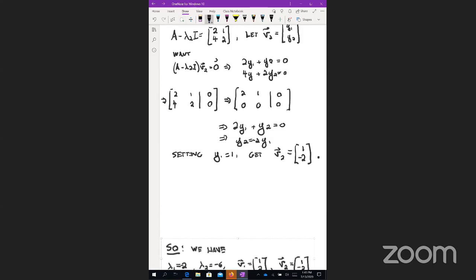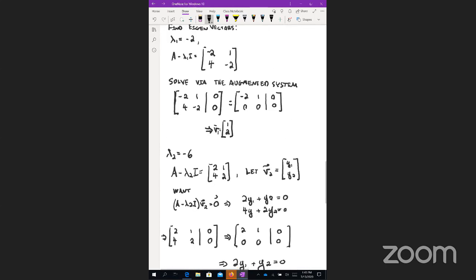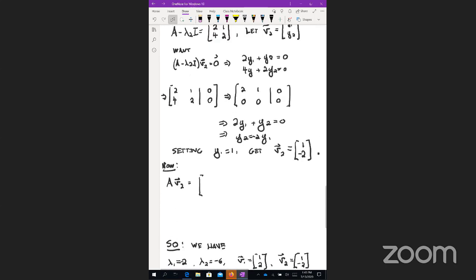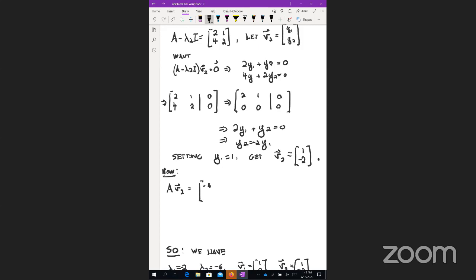Right, so let's go through here and undo this. So A times v2, right? What are we going to get? A is minus 4, 1, 4, minus 4, times 1, minus 2.